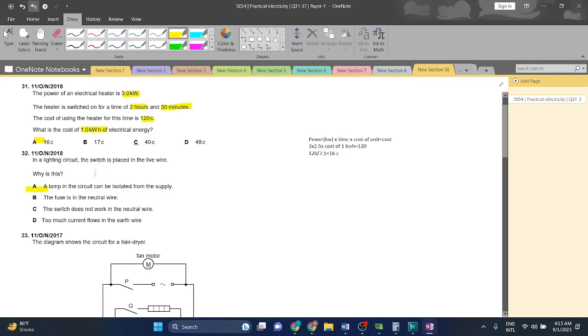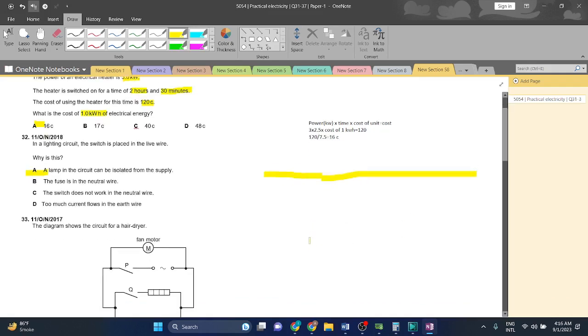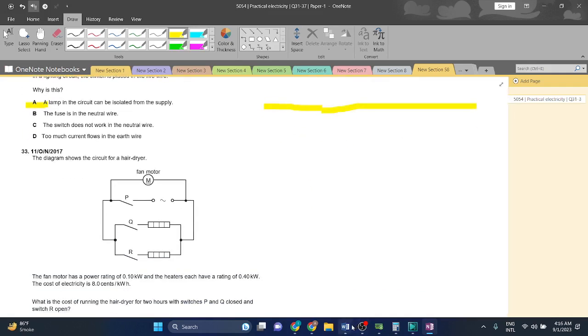When the switch is turned on and off, it will turn on and off the voltage which will be going towards the lamp. So it can be isolated from the supply. You open the switch and it is no longer going. You close the switch and it is going again. Okay? So yeah, A is the right answer again.